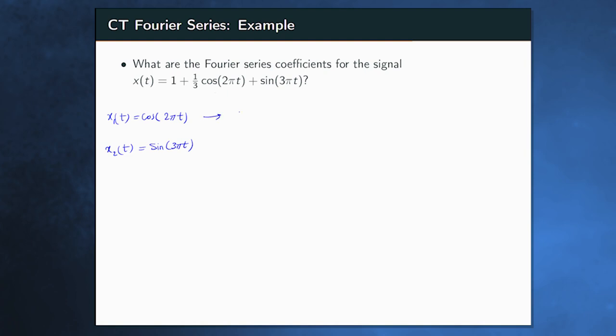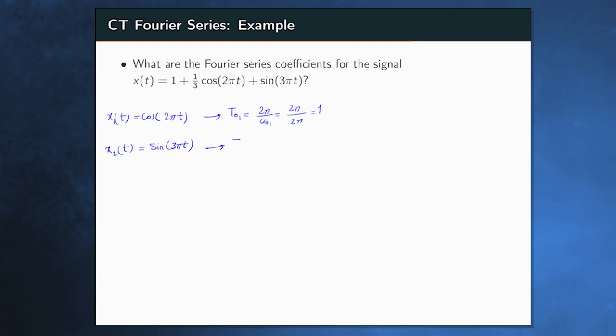I'm going to name the fundamental period of the first one T naught 1. That's 2 pi over omega naught 1, which is 2 pi over 2 pi, equal to 1.